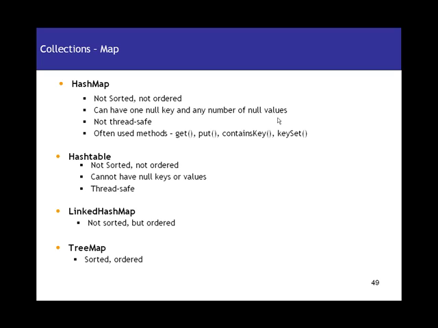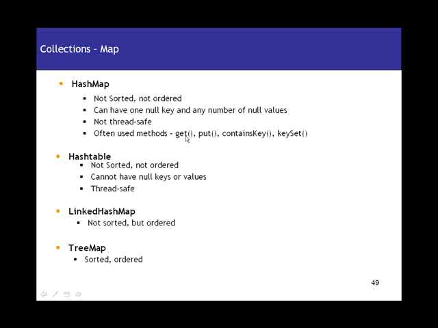You can have duplicates. So this is not thread safe, so you cannot use this in a multi-threaded environment where you want to implement thread safety on hash maps, right? And often used methods are get, put, containsKey, and keySet in a hash map.